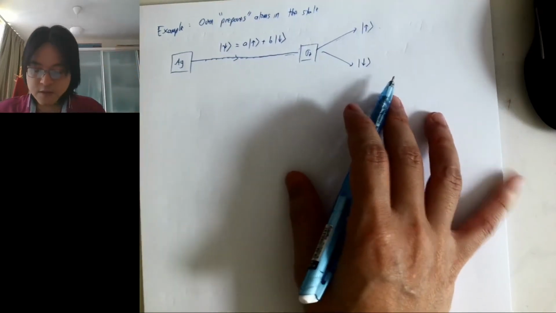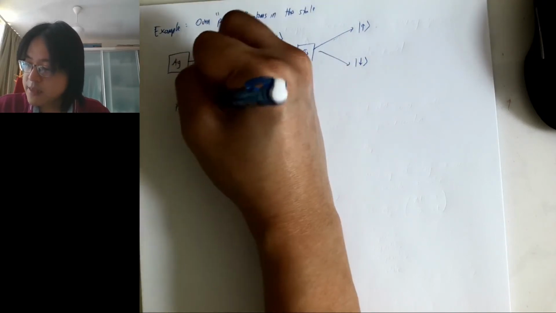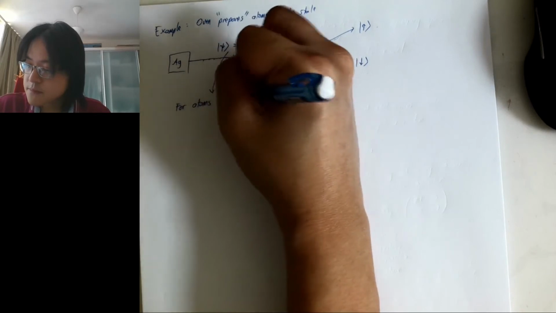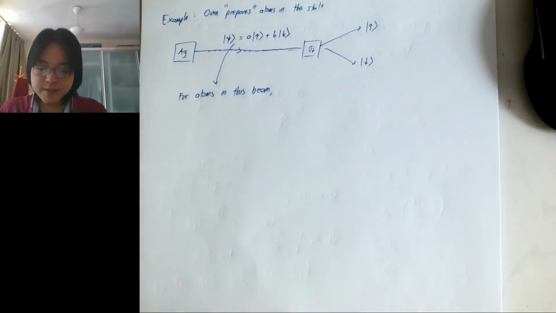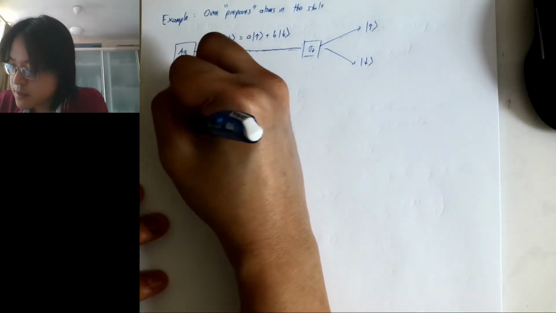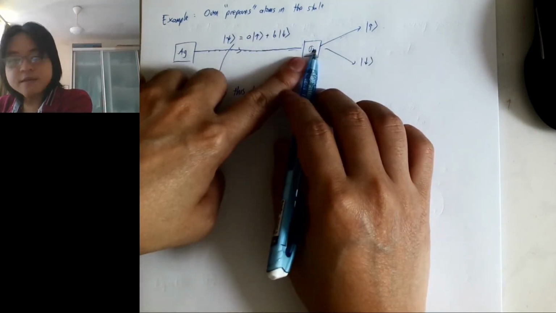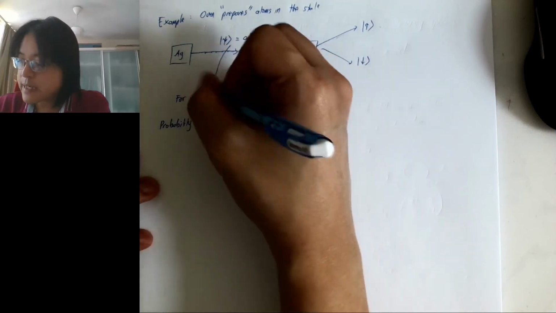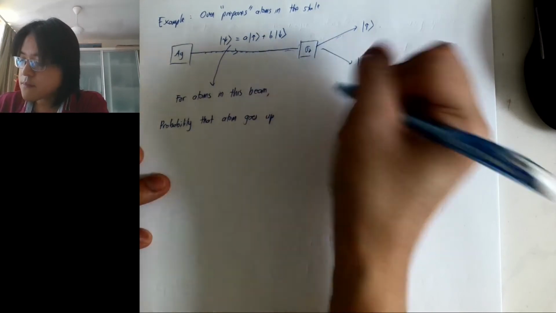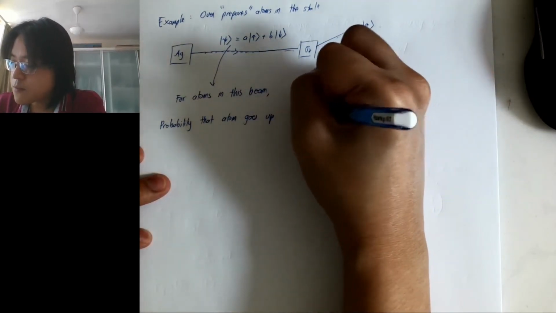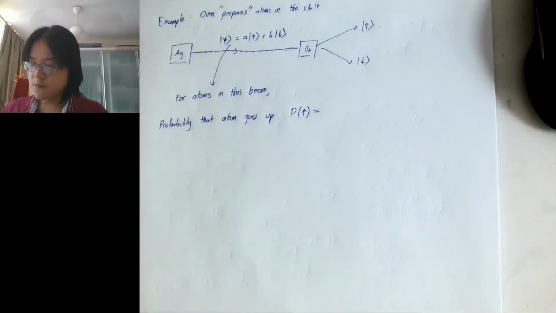So for atoms in this beam, we can calculate the probabilities. The probability that after passing the magnet the atom goes up is given by, well, what is the probability? So this one was still postulate 3, right?